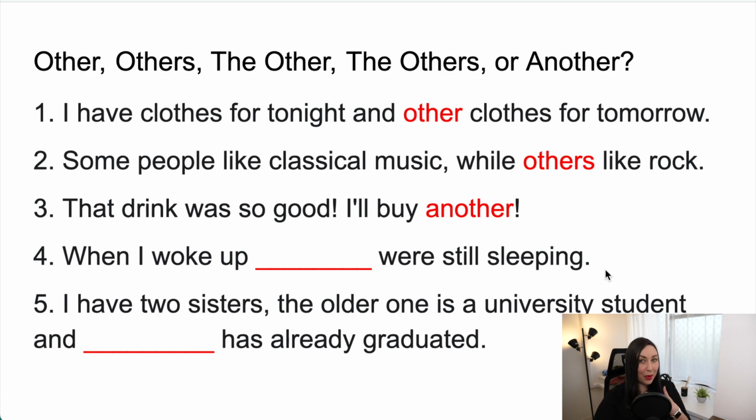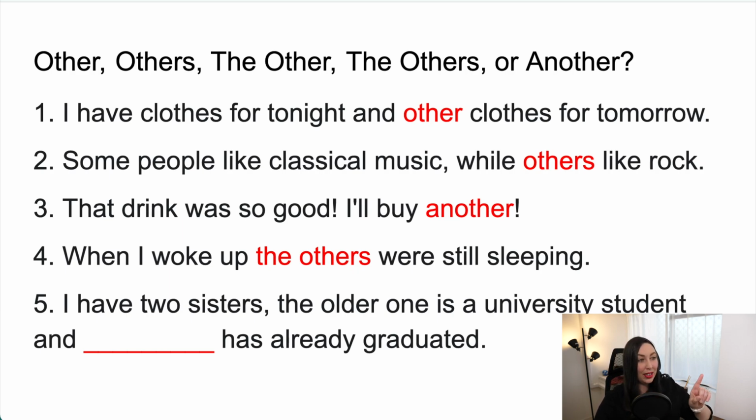So when I woke up, everybody else, all of the people in my group, were still sleeping, except for me. The correct answer here is the others. The others were still sleeping.